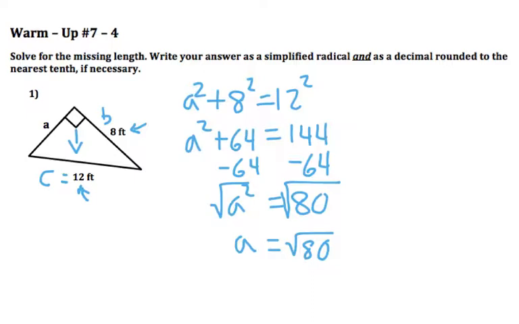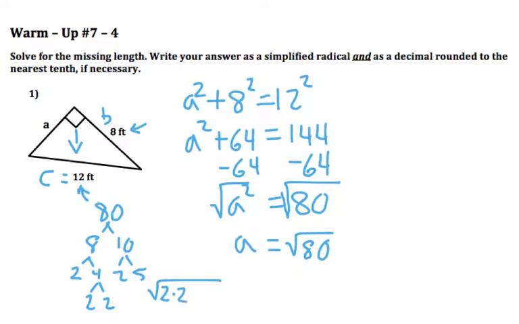Now, we need to write this as a simplified radical. So we're going to go ahead and do our prime factorization of 80. So we have 80, and we're going to factor it down to 8 and 10. 10 factors to 2 and 5, while 8 factors to 2 and 4 factors to 2 and 2. So the prime factorization of the square root of 80 is square root of 2 times 2 times 2 times 2 times 5.